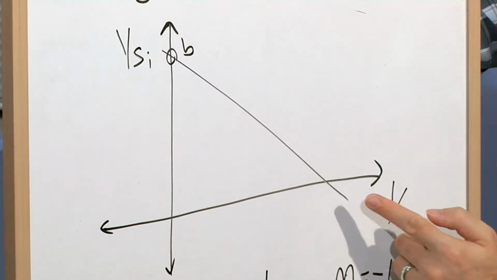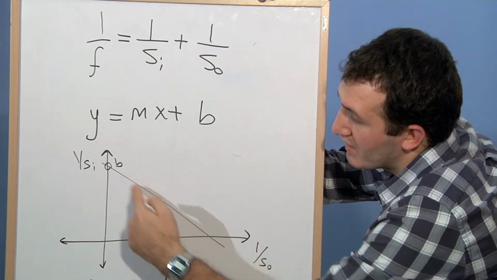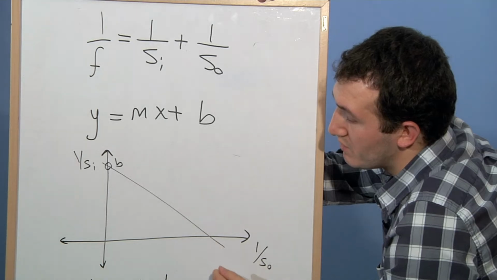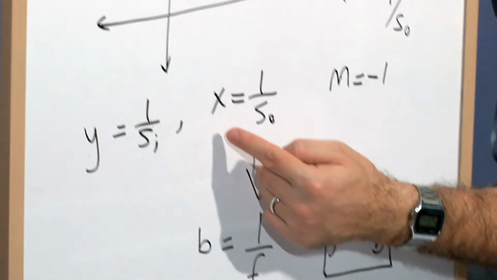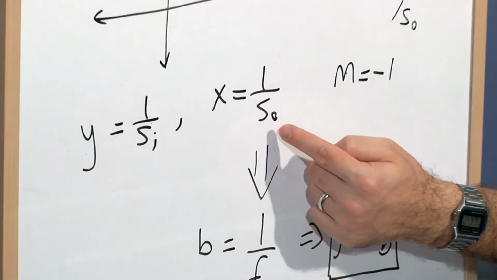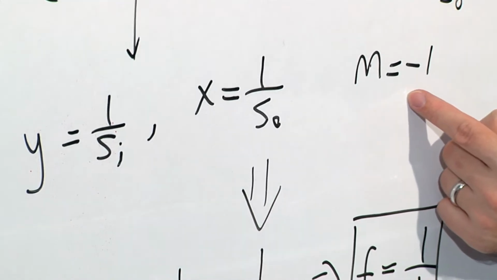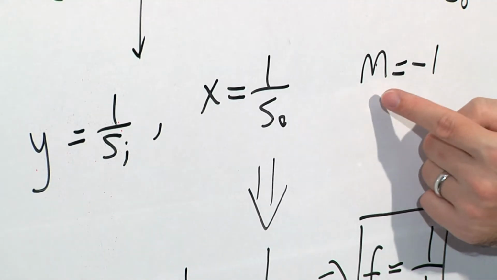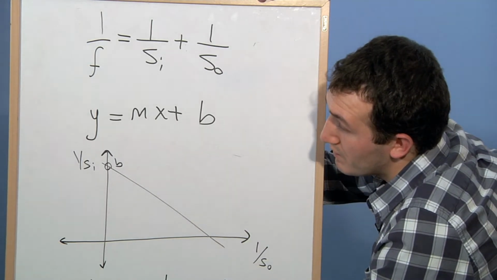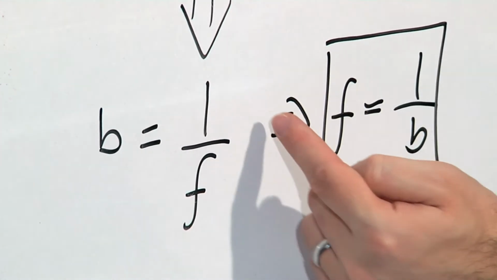And when we have this graph, we're going to have a straight line. But the slope of the straight line is going to be approximately -1. So in our equation, y equals 1 over SI, x equals 1 over SO, and m equals -1. So once we place all of them into that equation, our b, which is the y-intercept, is going to be 1 over focal. So the focal length is going to be 1 over b.